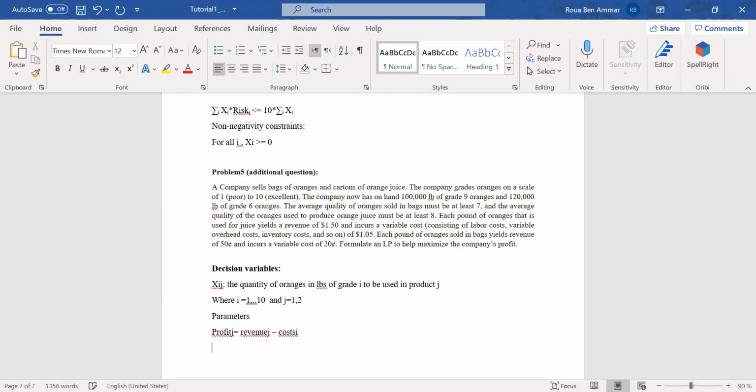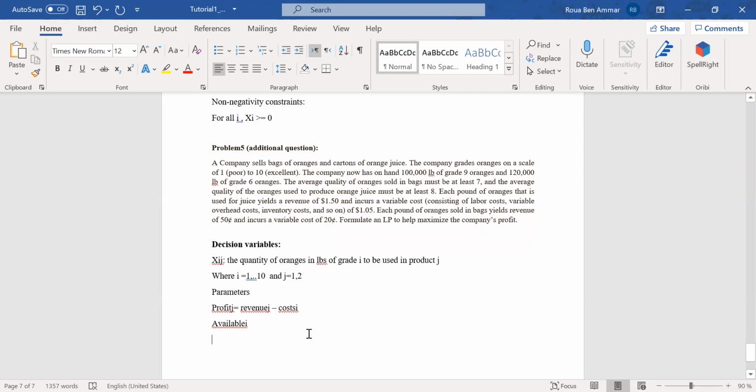Okay, what is the next parameter? We have the available amount of oranges of grade I, so available I. What is the next one? The average quality.